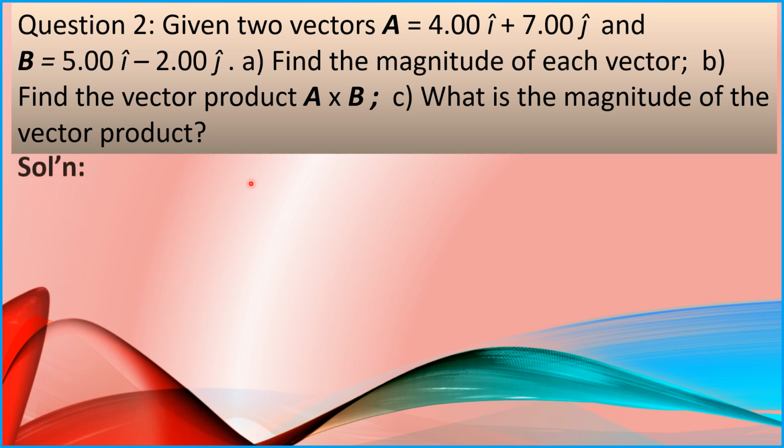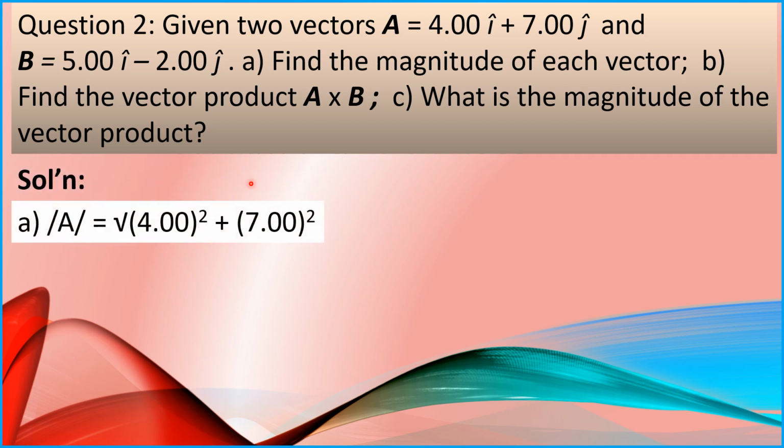So, our solution for letter A, finding the magnitude of each vector. The formula to determine the magnitude of a vector, for example, magnitude of vector A, is just equal to the square root of the sum of the squares of the x component and the y component.